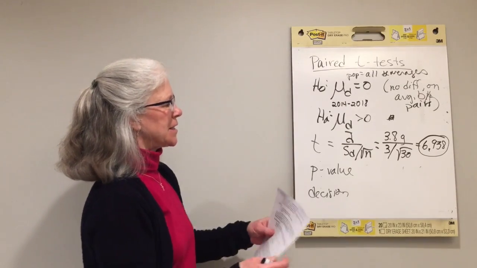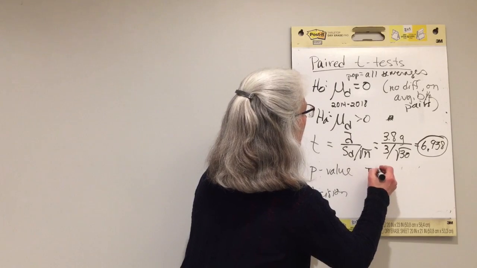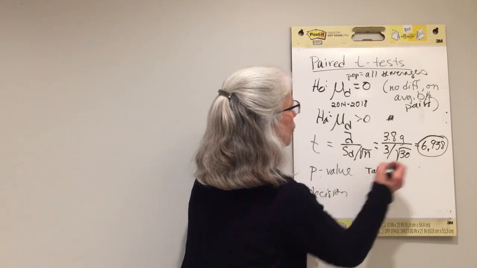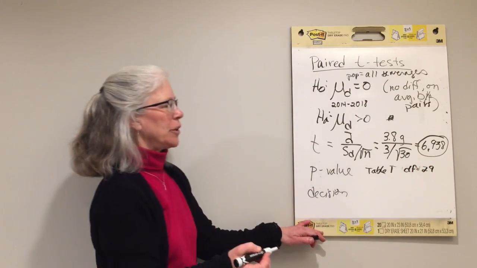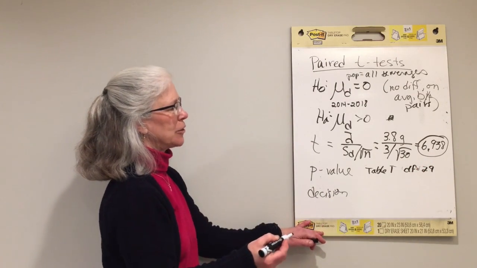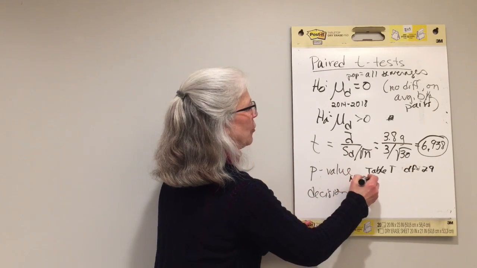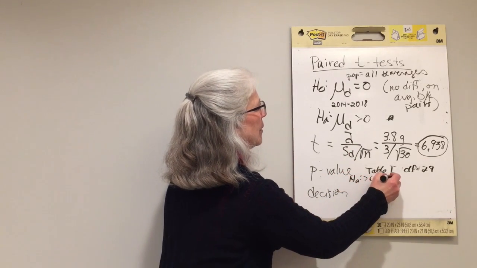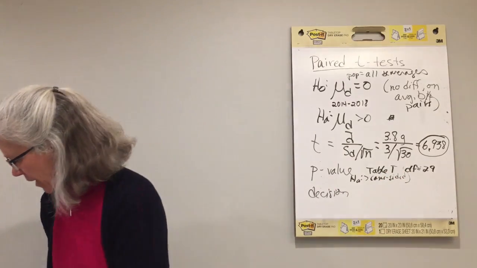Well, we have a t-statistic, so we're going to go to table T. We have 30 pairs, so we're going to have degrees of freedom equal to 29. 30 pairs minus 1 gives us 29 degrees of freedom. Our alternate is greater than, so that is one-sided. So let's go to table T and find out what we've got.